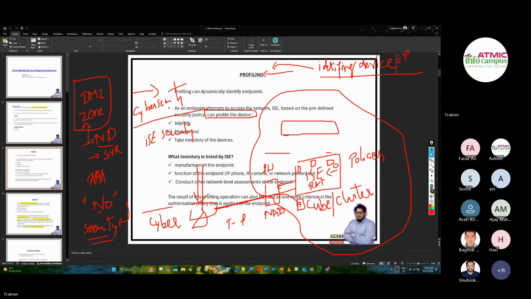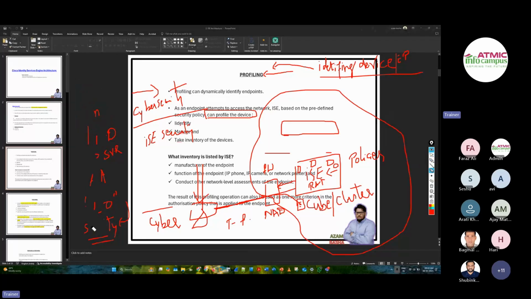So now we know what profiling is. Profiling is identifying the devices. When I say device, device includes endpoints as well as the network devices. What does it identify?